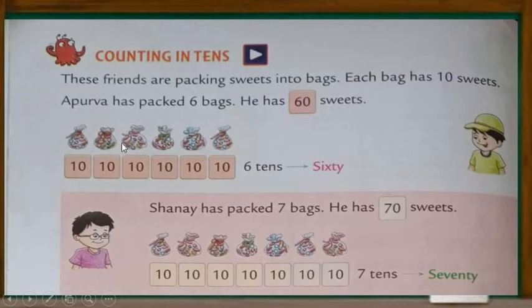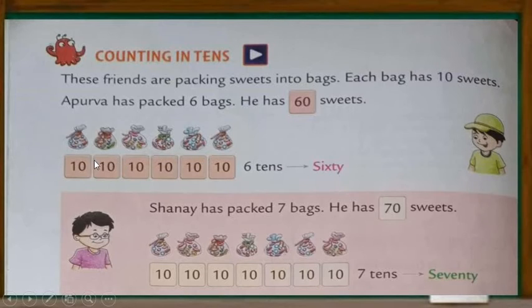Here we have made groups of 10 sweets. Okay, we divide sweets in a group of 10, and he has 6 bags. So 1, 2, 3, 4, 5 and 6. 6 times 10s. Look, this is 6 tens. It means 60. Keep this thing in your mind.